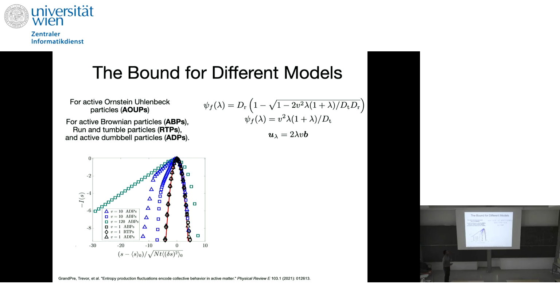Okay, and so for the AOUPs, there's this correction, this force, but there's also another force contribution. This one would go into the position, and there's another one for AOUPs that would go into the orientation, but I'm not showing that one. And then for active Brownian particles and the other models, you see the deviations, although they are the same as AOUPs, it's more clear to see. Here, this red line is the bound.